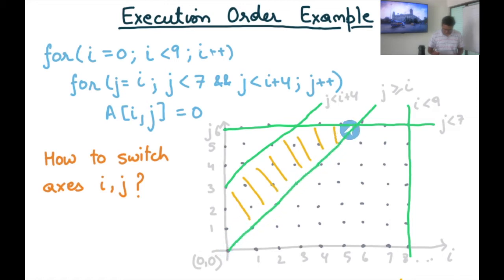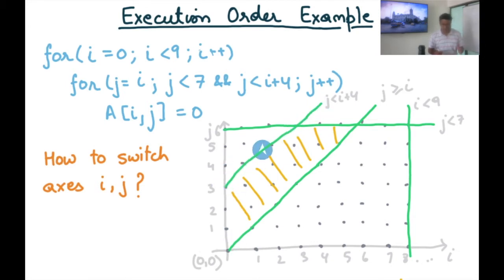This particular line here is basically i equals j, and notice that because the lower bound of j is i, everything on the left of this particular line represents j is greater than or equal to i. Similarly, we want j is less than i plus 4, so that's just a parallel line, j is equal to i plus 3.